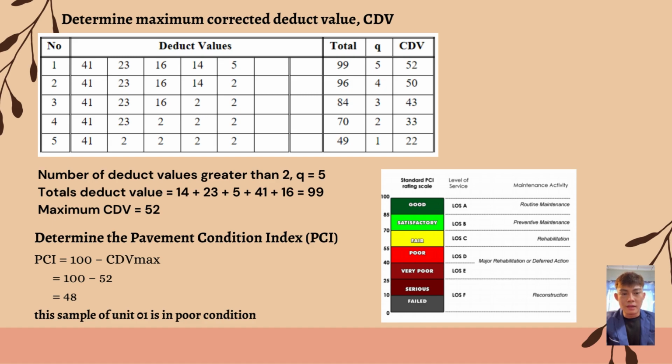And we apply the maximum CDV in the equation below: PCI equals 100 minus CDV max. So we get the value 40-something. Based on the PCI table, we can see clearly that the 40-something of sample unit 1 is in poor condition.